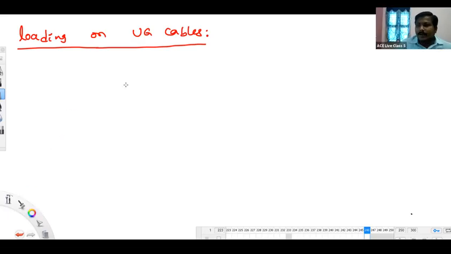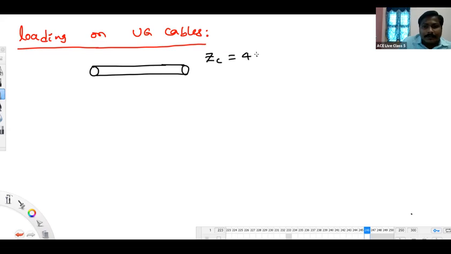ZC of the underground cable is very, very low in number. For example, take a cable where I am taking the surge impedance as 40 ohms only, a typical value, with a voltage rating of 400 kV.